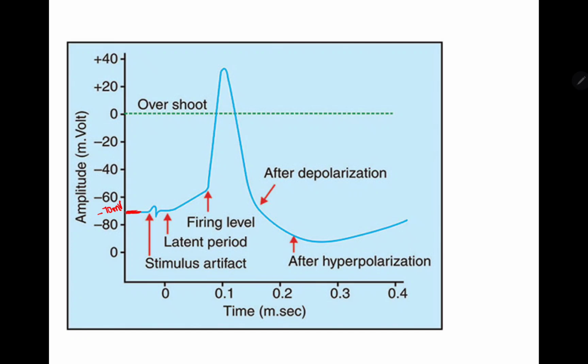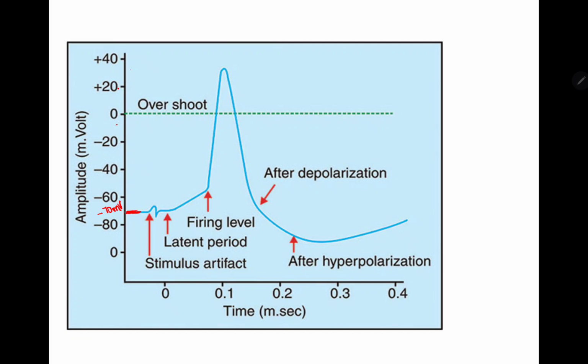Before anything happens, the nerve is just chilling and waiting. Inside is negative compared to the outside, which is positive. This flat line at minus 70 millivolts is called the resting membrane potential.